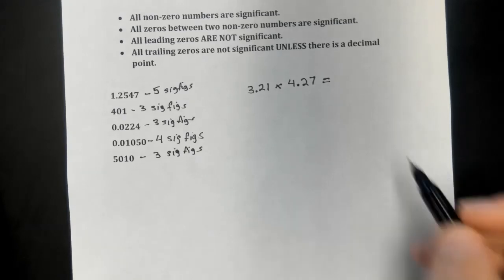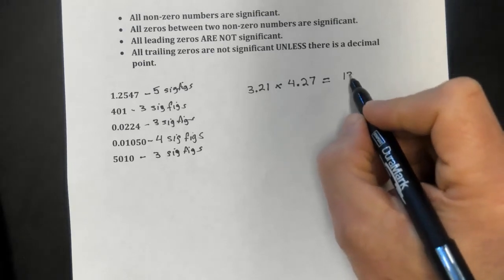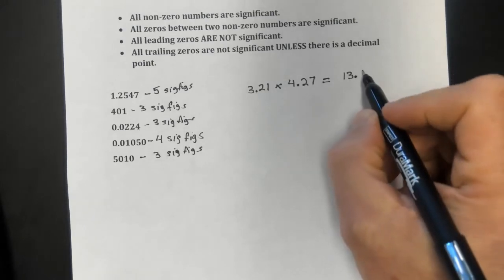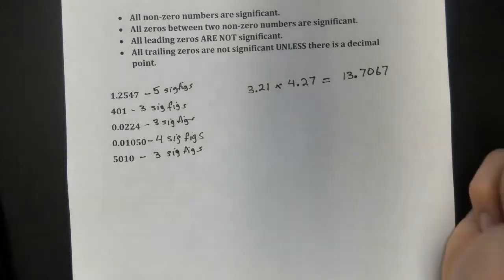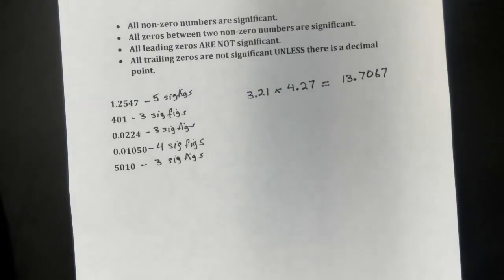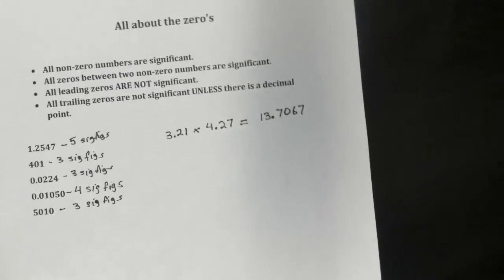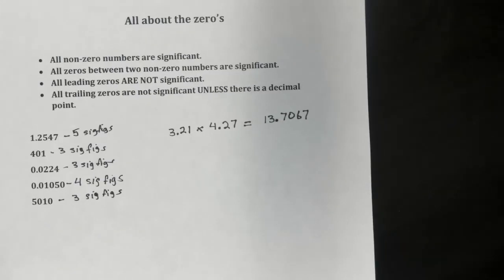And what I get is 13.7067, and you probably should do this at home. Now, not all these numbers that I've written here in this calculation are valid. What do you mean they're not valid? We used a calculator. That's what the calculator gave us.